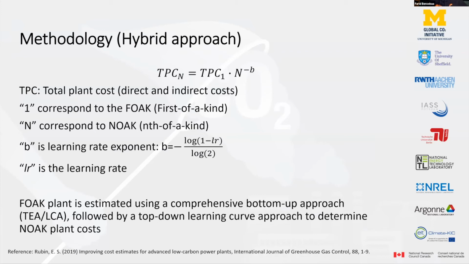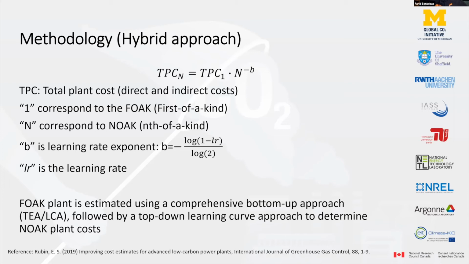Basically, it will be obtained through the total plant cost of the first of a kind, multiplied by N to the exponent minus B, and B is the combined learning rate, which will be obtained from the different components.